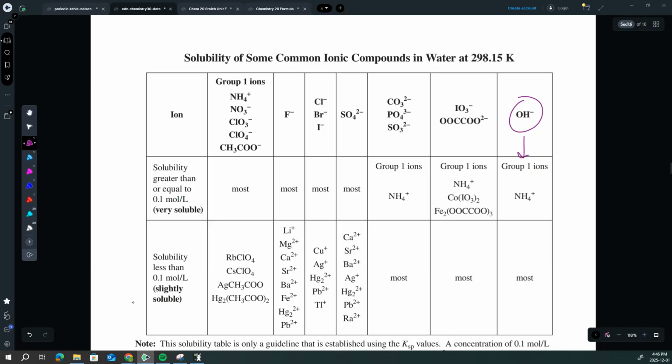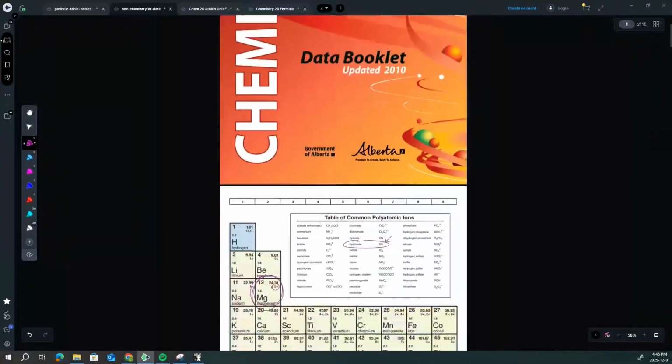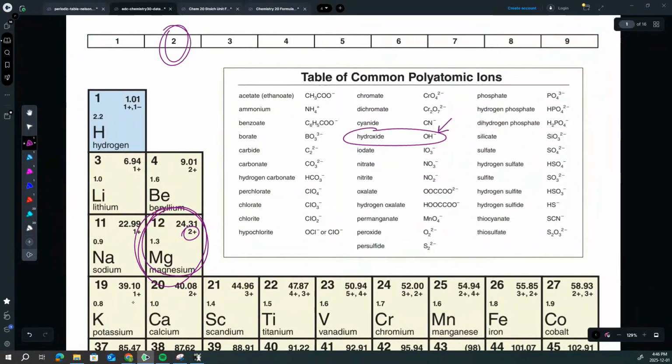Okay, but anything else is going to be insoluble. So let's take a look and see, okay, is magnesium part of group 1? We know it's not ammonium. Okay, so looking here, magnesium's part of group 2. So that means it has to be insoluble when it's with hydroxide.